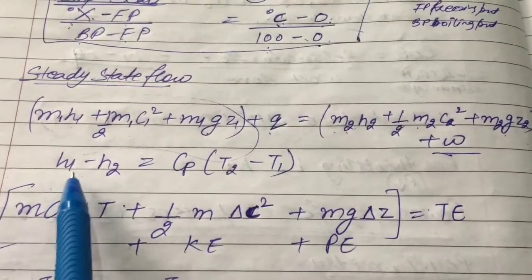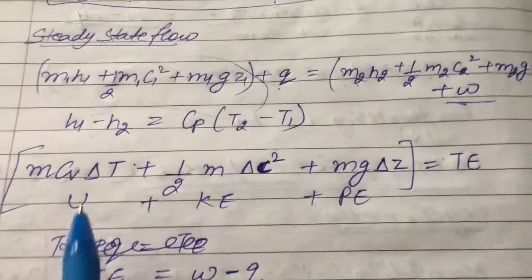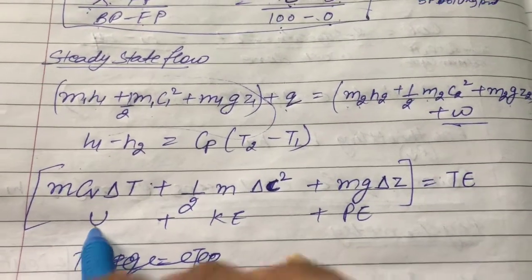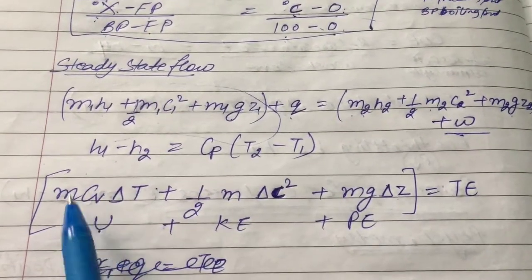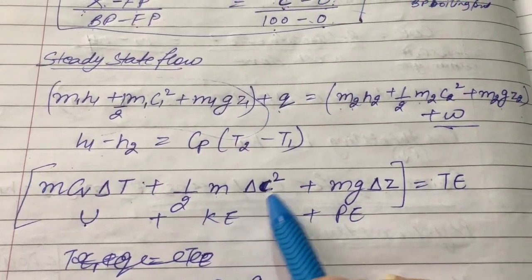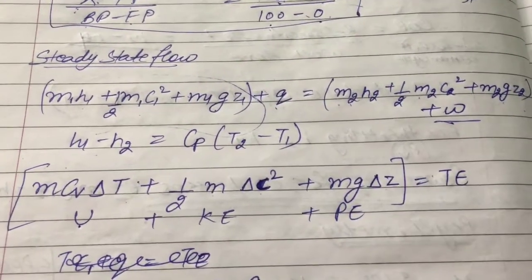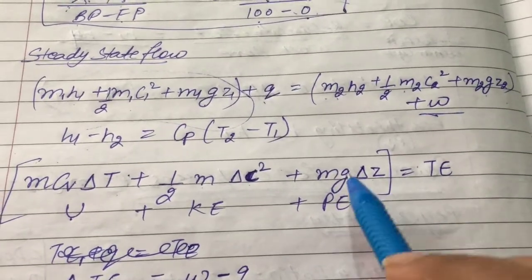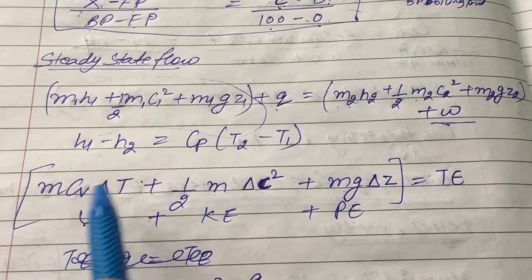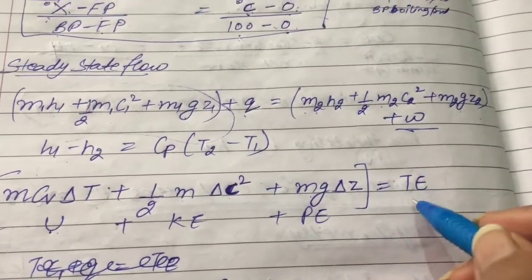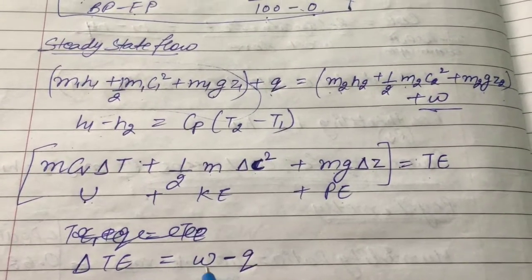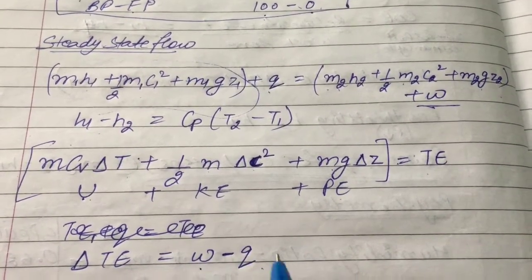So this is basically H. This is written in simplified form: potential energy is mg delta z, internal energy is m cv delta T, and kinetic energy is half m delta c square, c being the velocity here. So this would be equal to total energy, and delta E is equal to W minus Q, work minus heat.